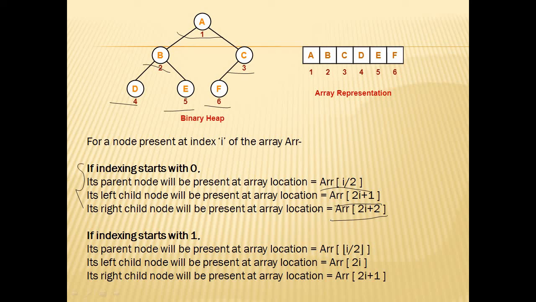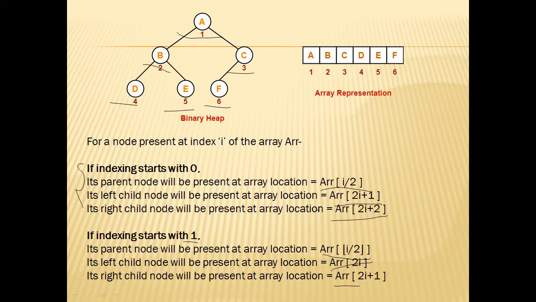If you consider indexing starting with 1, then the parent node will be at array location i by 2, the left child at 2i, and the right child at 2i plus 1. These are the formulas to represent array locations.